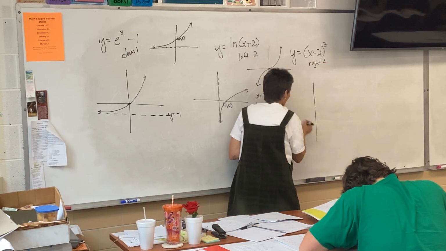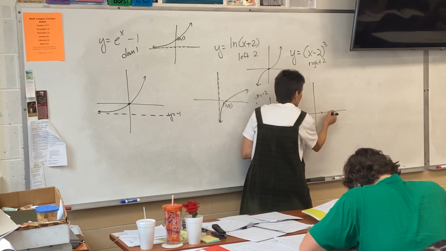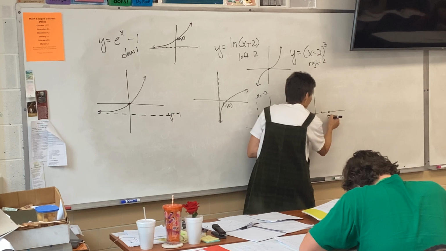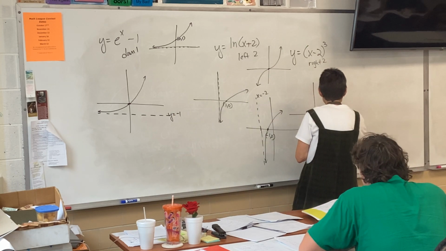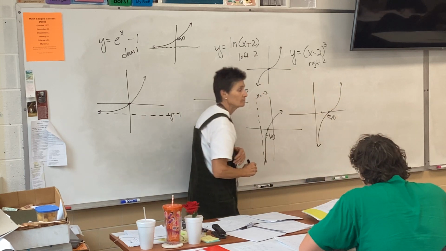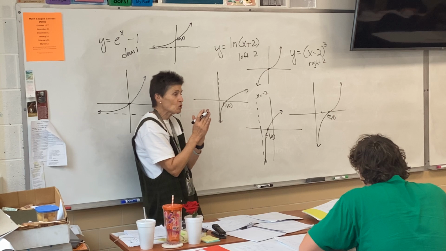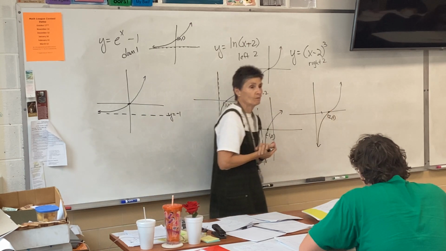So now, when I do my squiggle that used to be at the origin, now it's gonna be at this point right here. Would you agree with that? So come up from the bottom, squiggle through, and there you go. So it's exactly the same shape. Just pretend that you could cut it out and glue it 2 over.